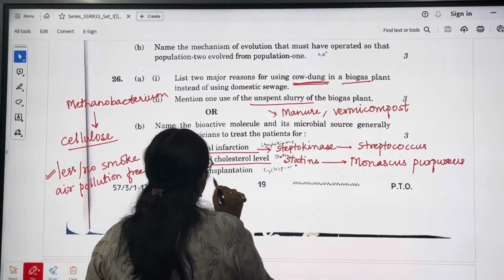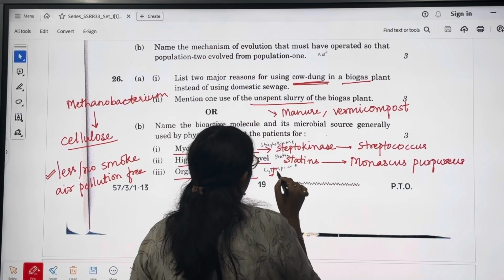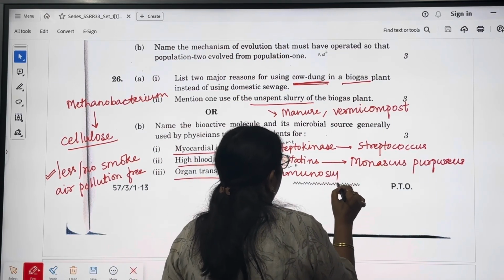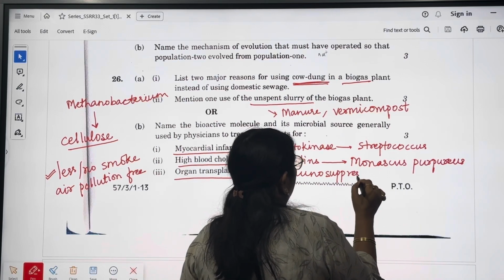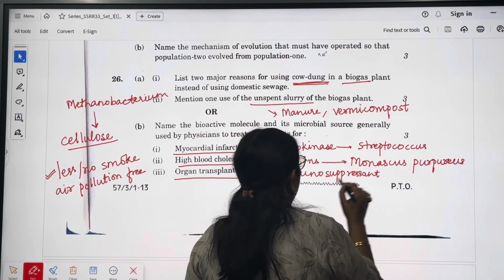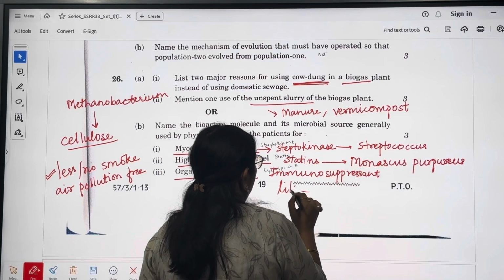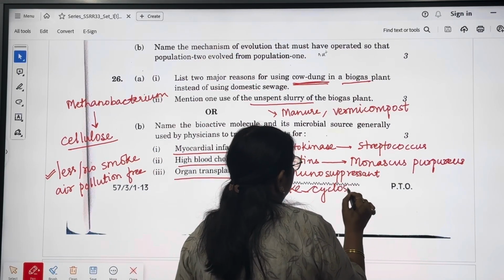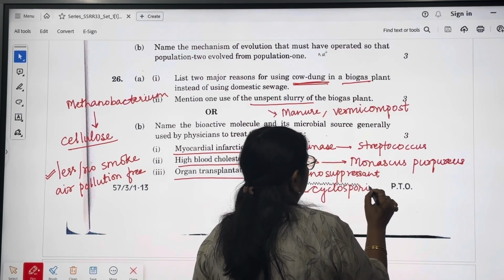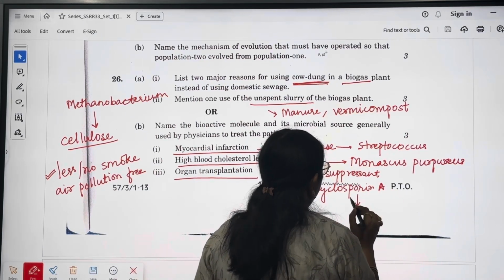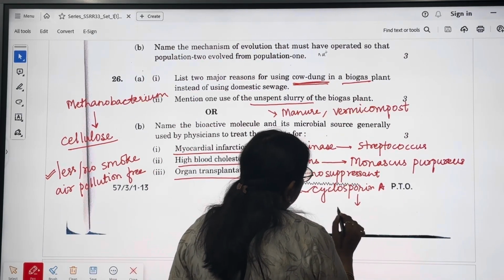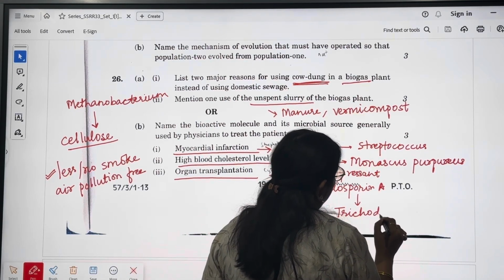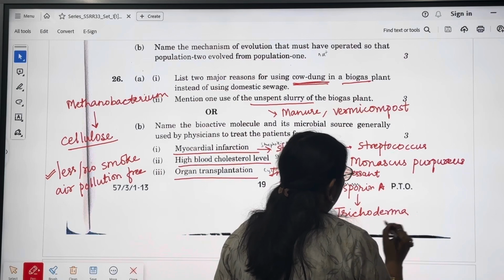For organ transplantation, immunosuppressants are given, like cyclosporin A, and it is obtained from a fungus, Trichoderma polysporum.